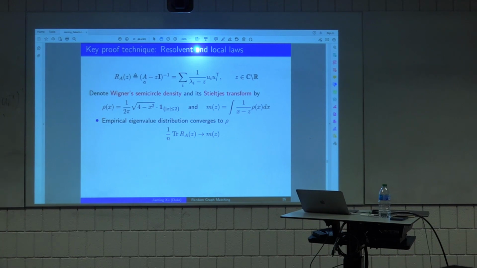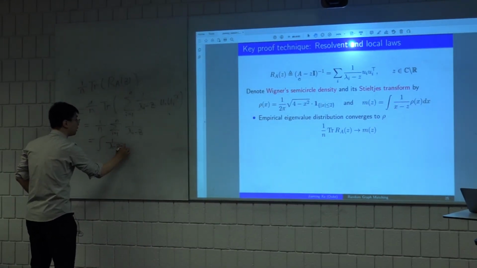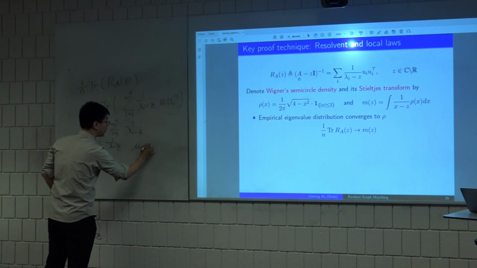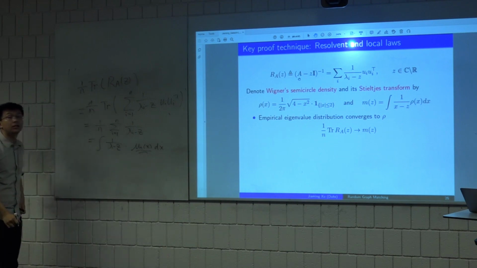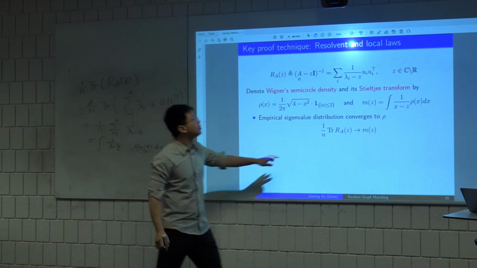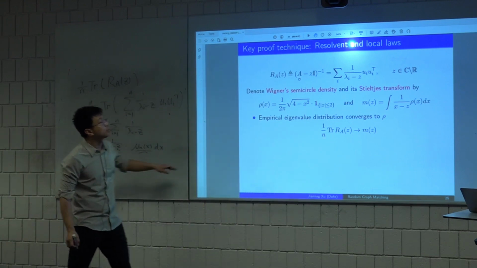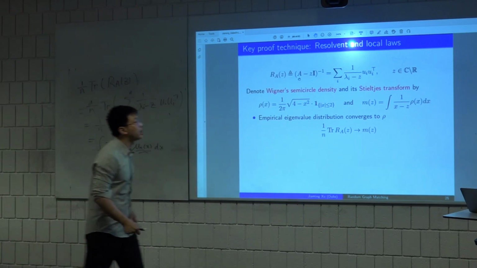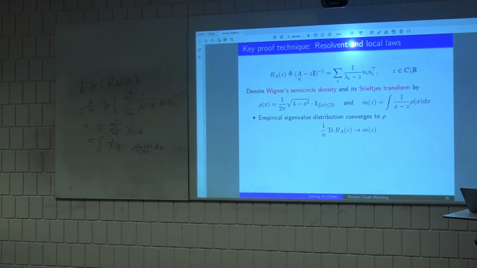If you write it in integral form, you can think about it in the following way: this is the empirical distribution of the eigenvalues. So if you can show this quantity converges to m(z), then this implies that the empirical density also converges to the semicircle density. That's one way you can prove this convergence using the resolvent.